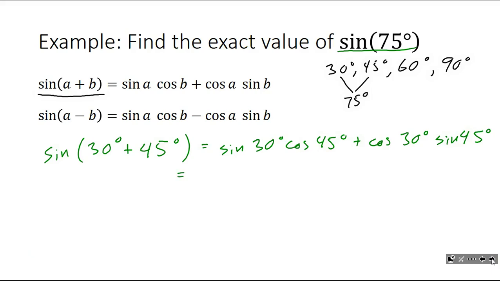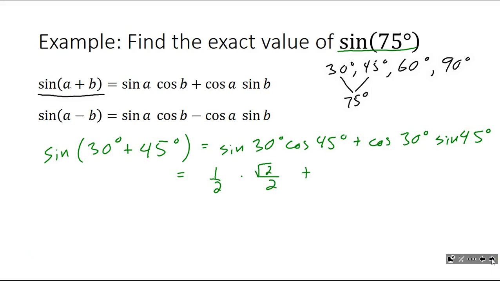Now at this point, we'd have to refer to our unit circle values. This is why I always encourage students to have them memorized. The sine of 30 degrees is 1/2. And then the cosine of 45 degrees is square root of 2 over 2.